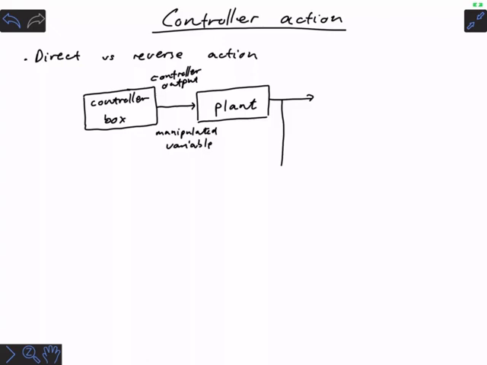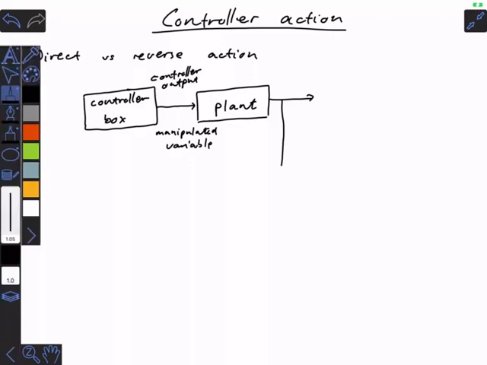I'm drawing this from a very high zoom. If we zoom in on that line over there, you would have a milliamp signal, which would be converted through an I to P converter to a pressure signal, which would go to a valve.